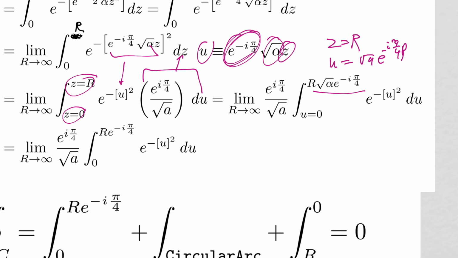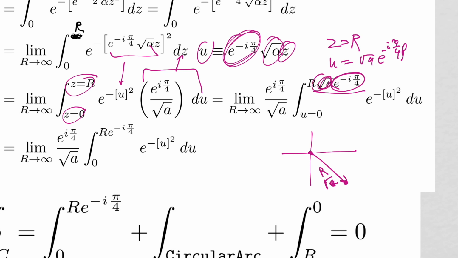And the implication is that it's a straight line, right? So I go from here, this is the origin of the complex plane, some distance r in the direction of e to the minus i pi over 4, which is in this direction on the unit circle, with length r square root of alpha.